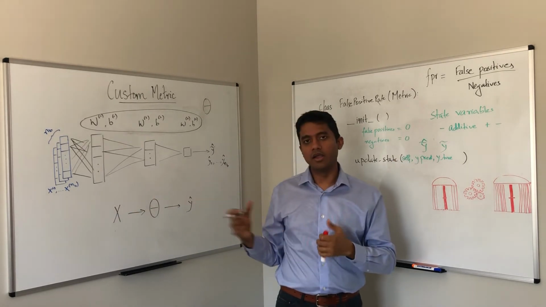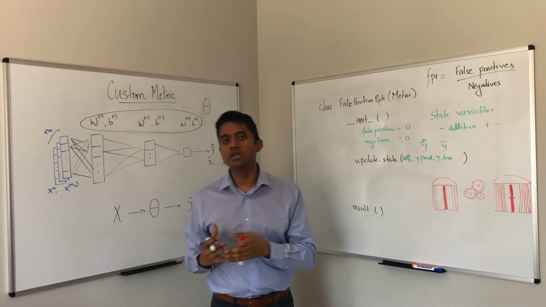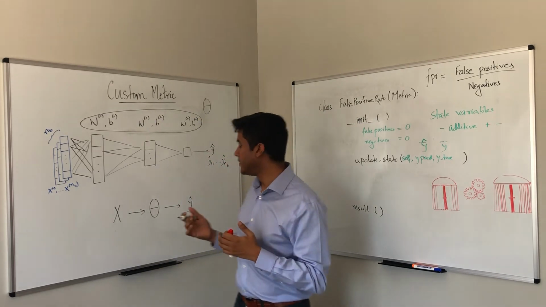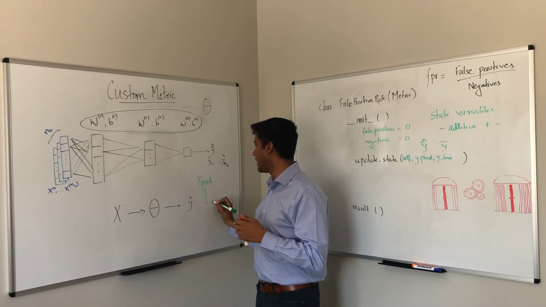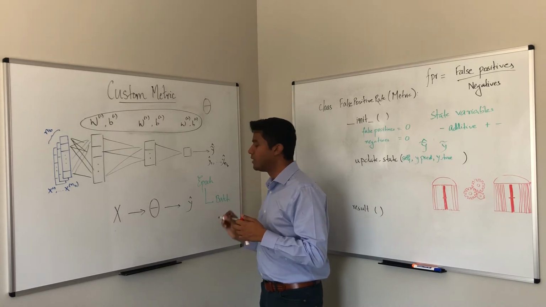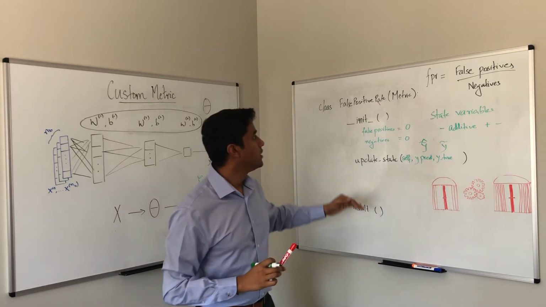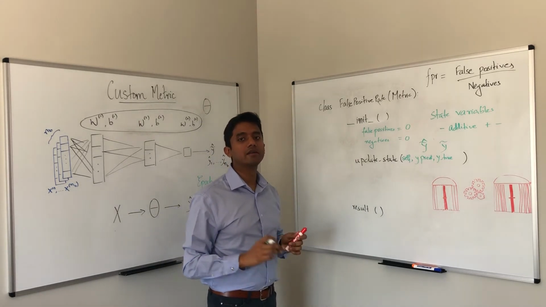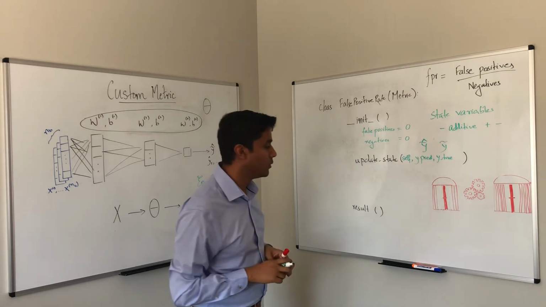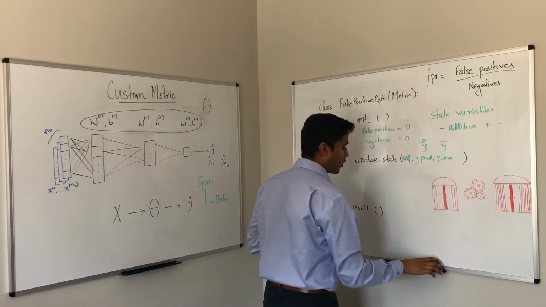And that is why it was important to understand the iteration levels in the previous part, because as we discussed in the previous part, the iteration levels happen at epoch followed by batch level, and this function update state is called at the batch level. This is what you have to make a strong note on.